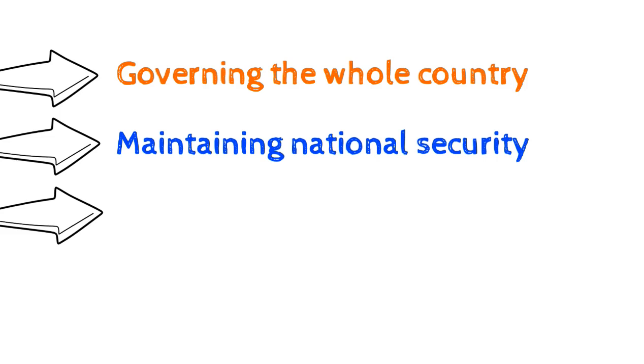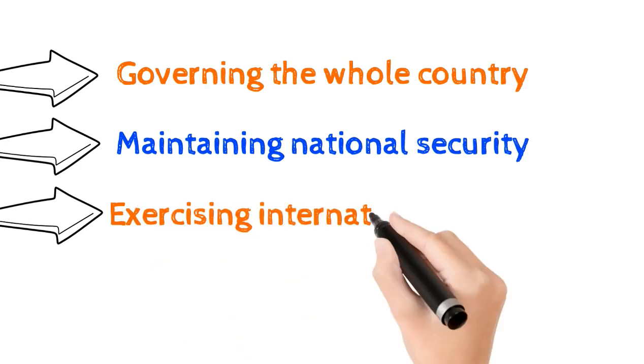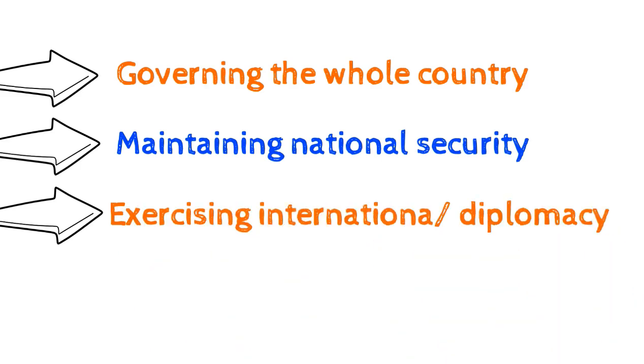Number 3, exercising international diplomacy. Foreign diplomacy is the process in which a sovereign state conducts formally peaceful relations with another foreign state, including all formal relationships and interactions.